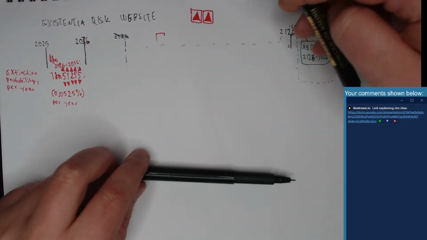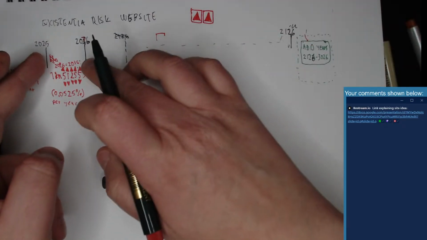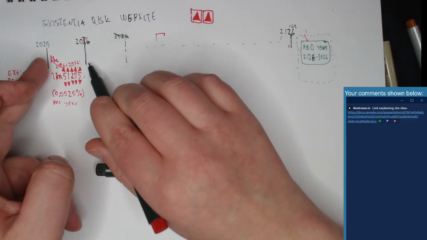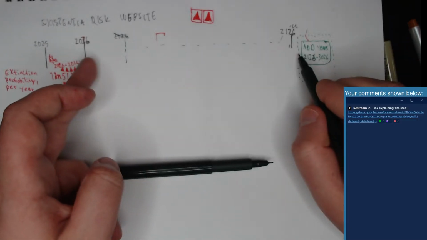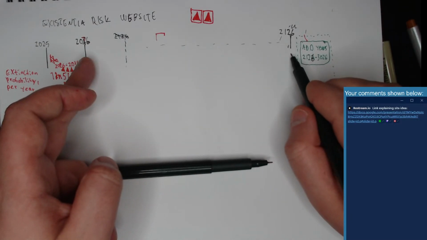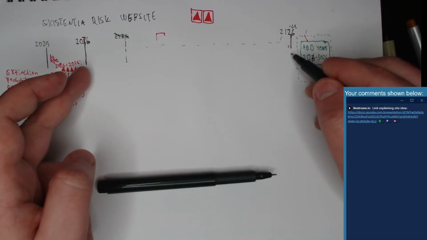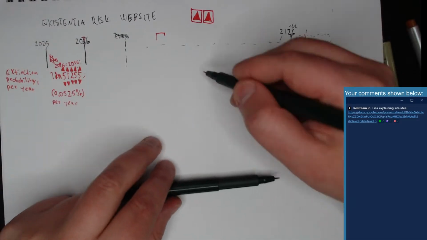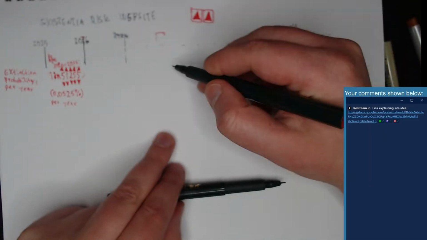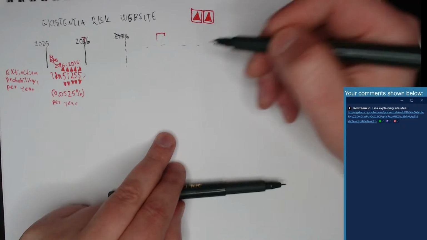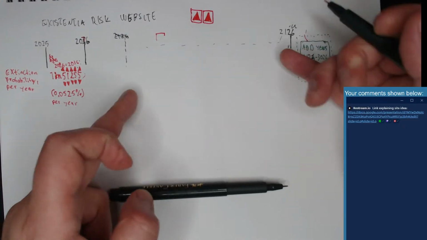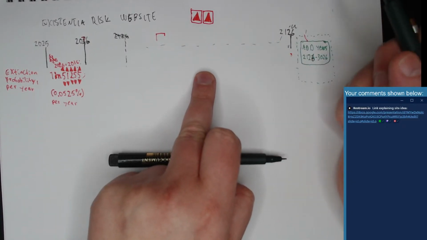So yeah, now we have this 10-year interval here, and then we have the next 90 years after that. This would be a lot easier now to fit here. So I would have it in the middle of these.